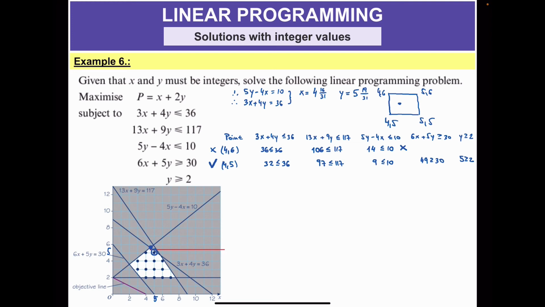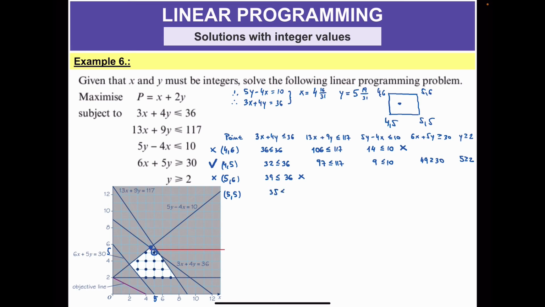Next one is the point (5,6). When you plug it into the first constraint, you will get 39 is less or equal to 36, which is obviously not true, so you can immediately skip this. And then the last point is the point that we located before, and we know that it will be the solution, but if I'm following this method from the beginning, I wouldn't know.